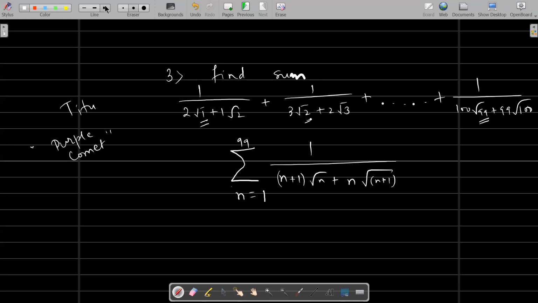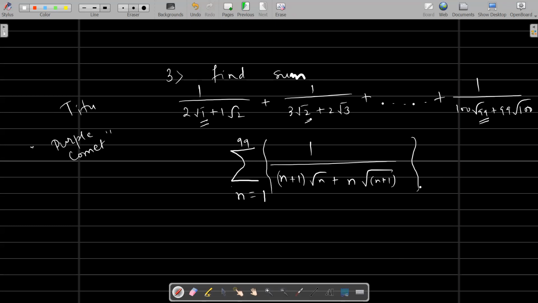So I can write it as sigma, n goes from 1 to 99, and the general term is 1 by n plus 1 root n plus n root n plus 1. Good.